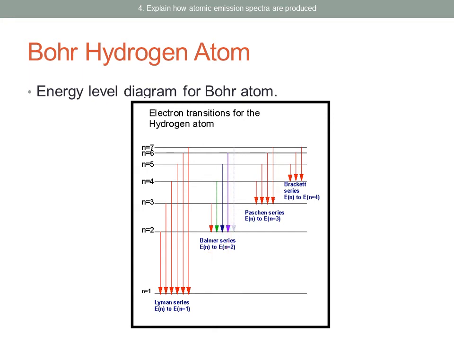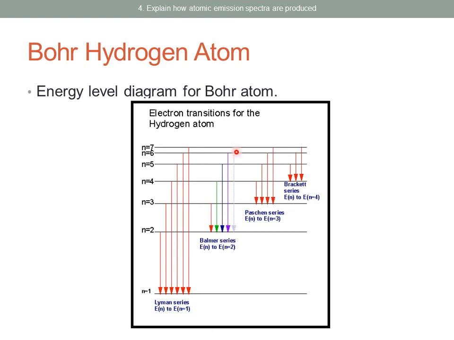So notice the red wavelength that we get when we go from n equals 3 to n equals 2. That's the transition that occurs when we get the red light, or that red photon. The 4 to 2, that's the green one, or you might call it turquoise, that greenish blue. The 5 to 2, that's the blue, or kind of the bluish purple. And then the 6 to 2, that is the violet or the purple photon that we get.